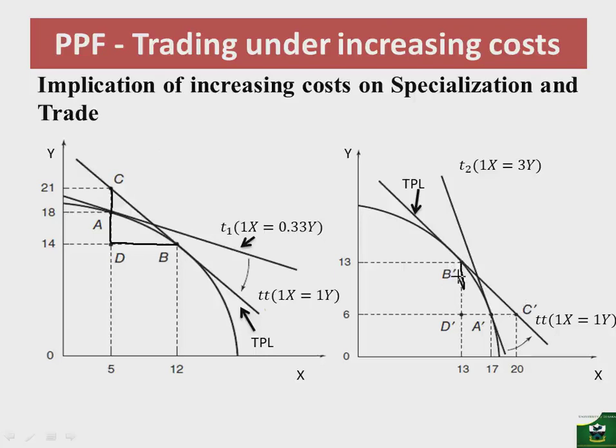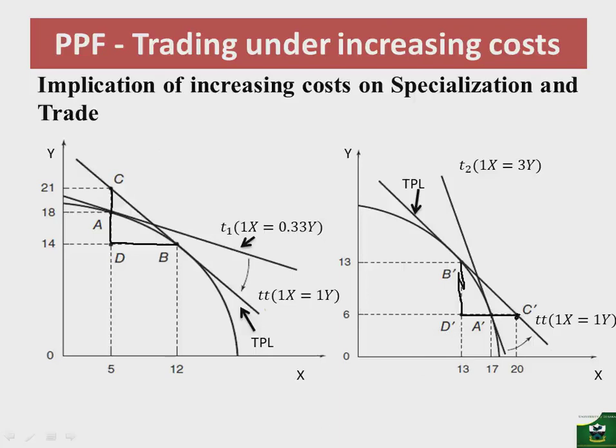This shows that the nation will be consuming at point E, which is 6 units of Y and 20 units of X.